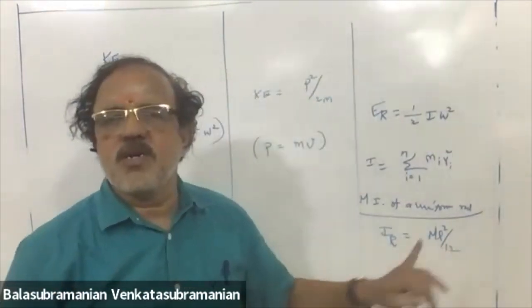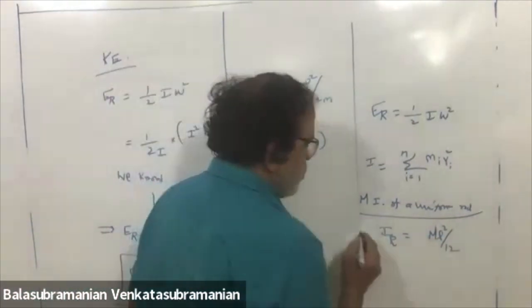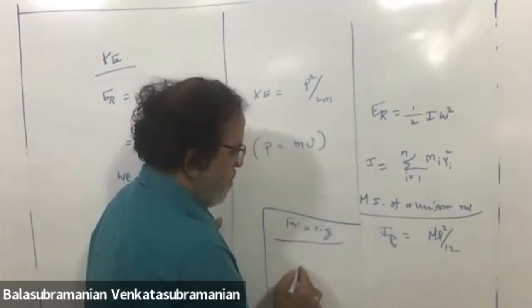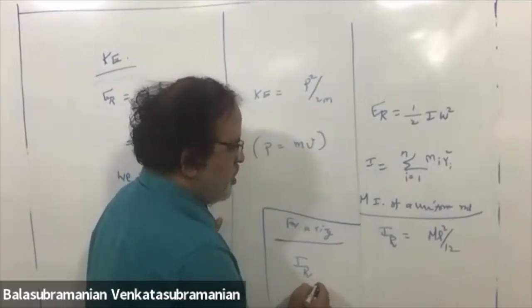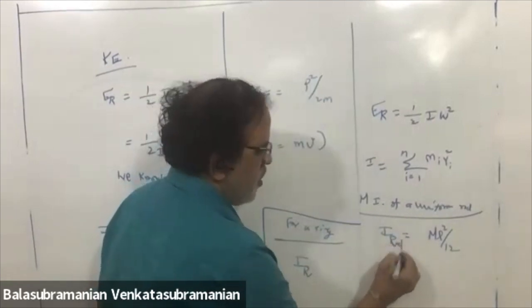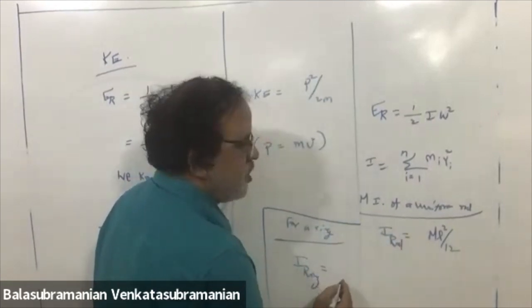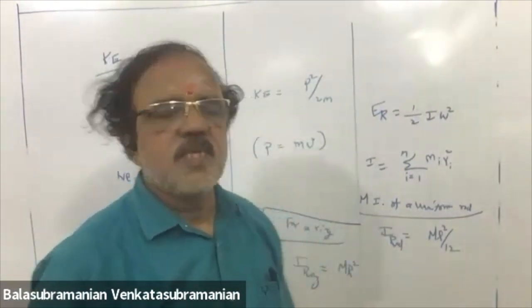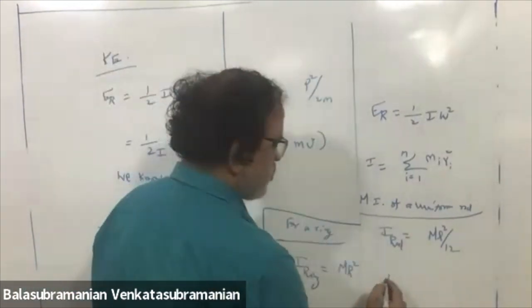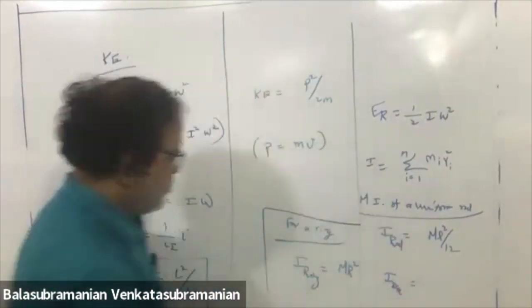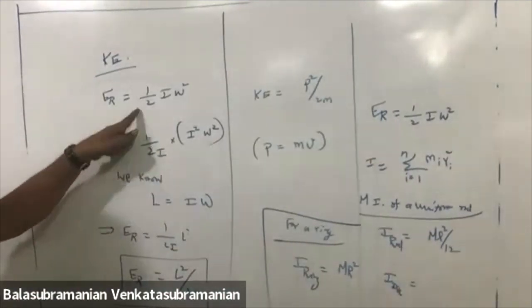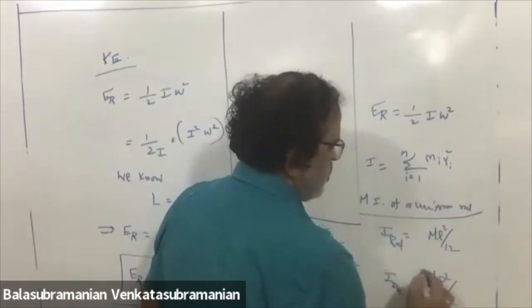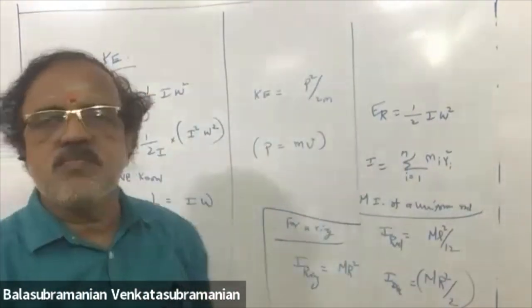For a ring, moment of inertia is mr square, and for the disk, moment of inertia of a disk, what we have? mr square by 2.